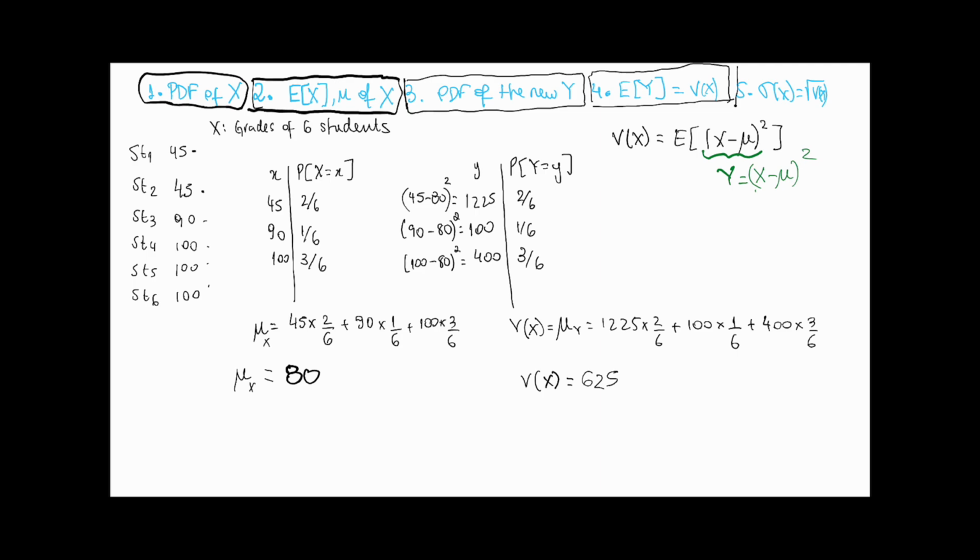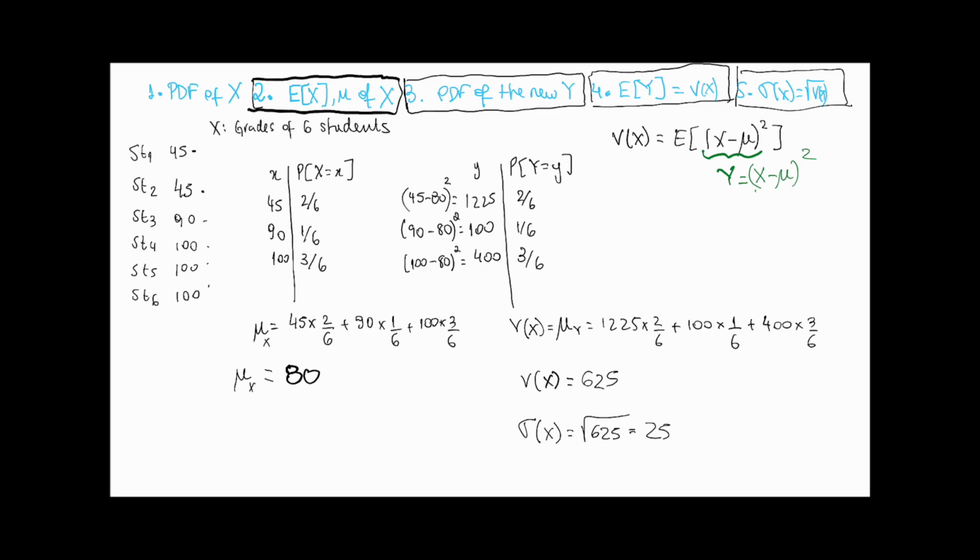And if you still want to do the 5th step where you want to know the standard deviation, the standard deviation is just the square root of 625. That's why it's a beautiful number, because it is a perfect square, and this is 25. So 2 exercises where you can go step by step to construct the variance, and from the variance get the standard deviation.